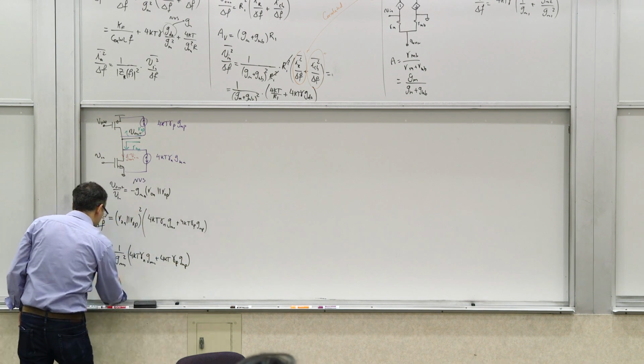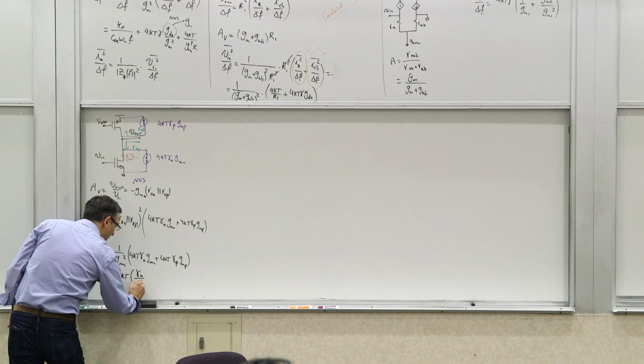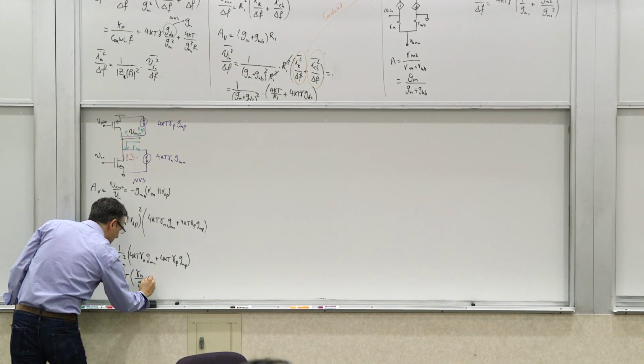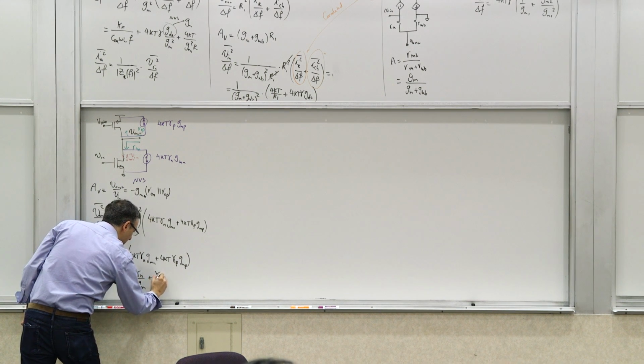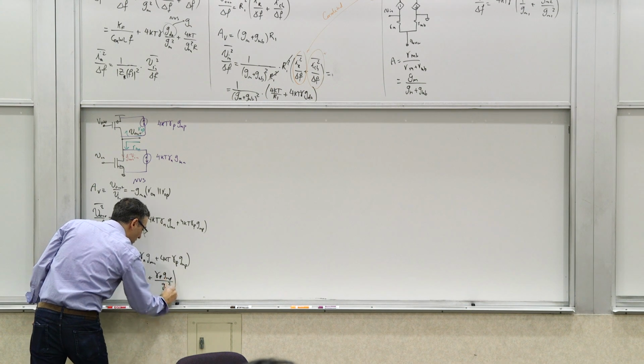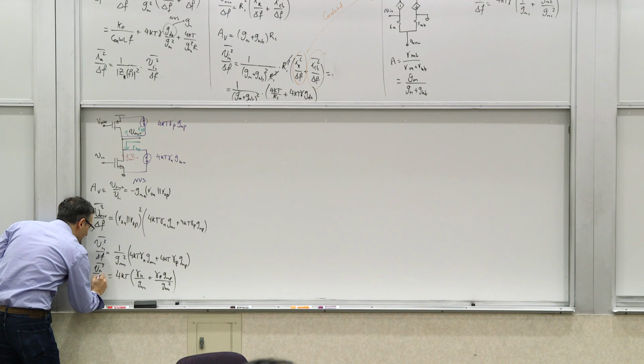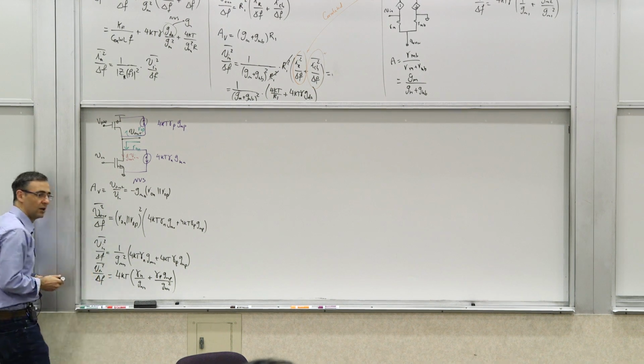And when you simplify it, you get 4KT times gamma n over GMN, and one of them cancels, plus gamma p GMP over GMN squared. So this is your input referred voltage noise.